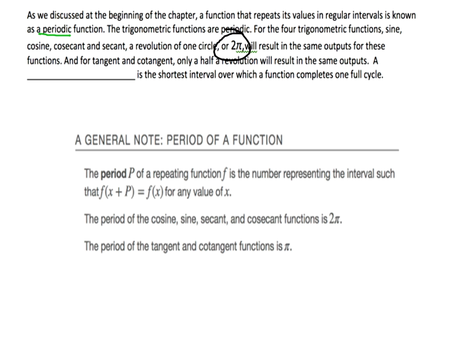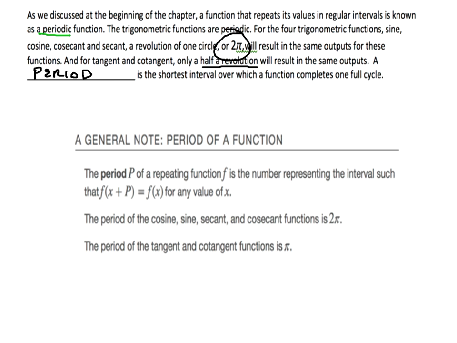So 4 pi radians is 2 full rotations, 6 pi radians is 3 full rotations, and so on. For tangent and cotangent, only half of a revolution will result in the same outputs. So a period is known as the shortest interval over which a function completes one full cycle.